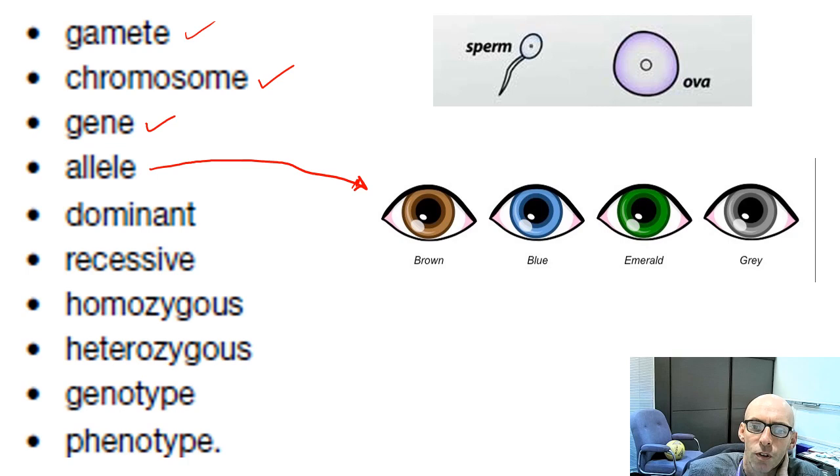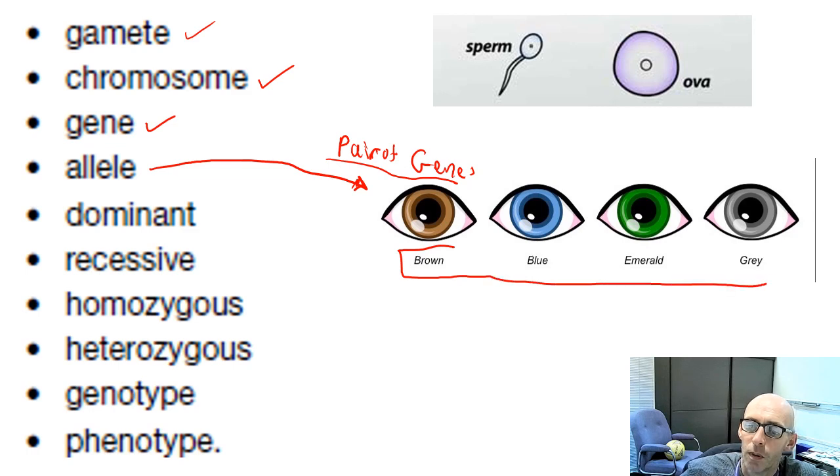So what you will have is a pair of genes. Your pair of genes, you will have got one instruction from your mom and one from your dad. These are the different alleles available for eye colour, for example.